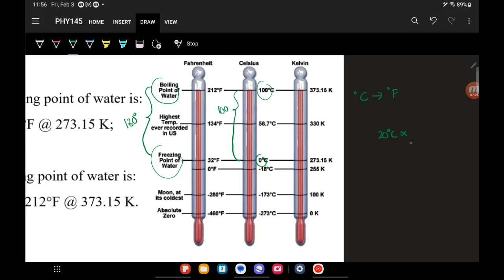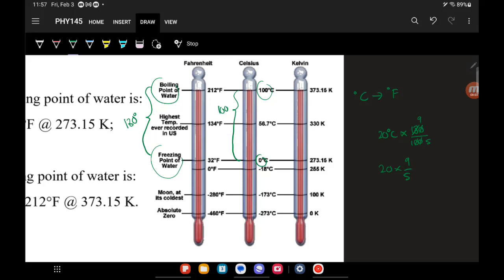We need to remove the incremental of Celsius, which is 100 degrees, and it's equivalent to 180 of Fahrenheit. If we simplify this, it is going to be 9 over 5. So we have 20 multiplied by 9 over 5.